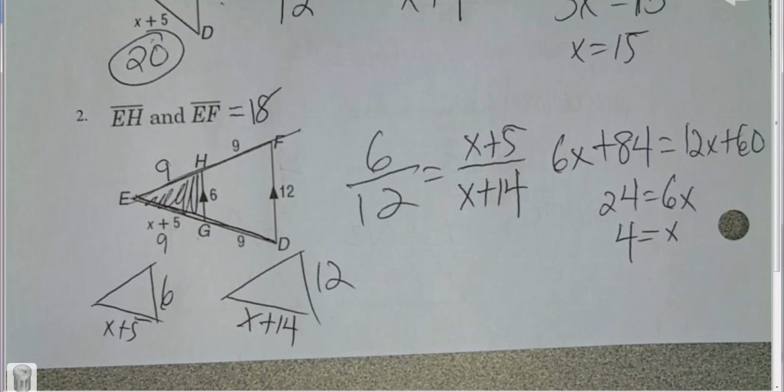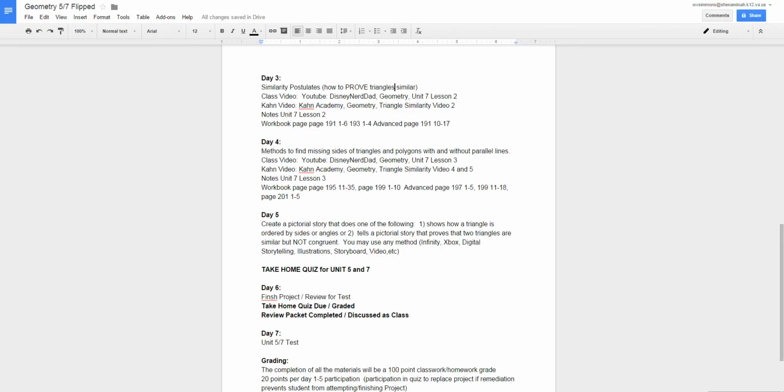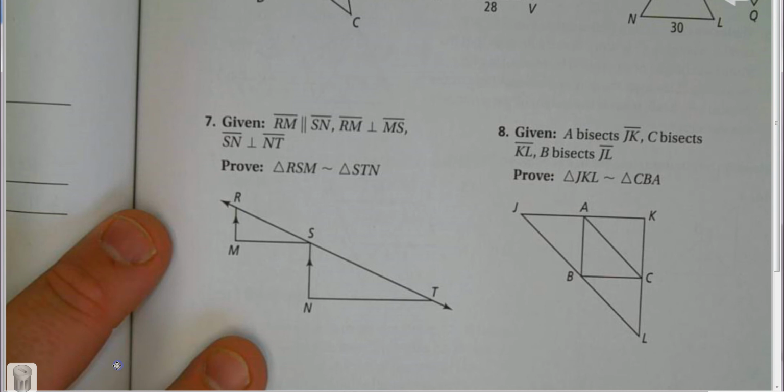In the workbook, we are supposed to be going to page 191, 1 through 6, and 193, 1 through 4. So I'm going to go to page 191. 191 is just like the first sets of examples that we did in the notes.